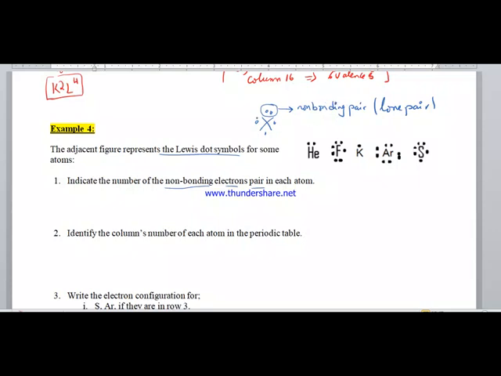The others that exist as single dots are known as bonding electrons, or single-dot electrons.